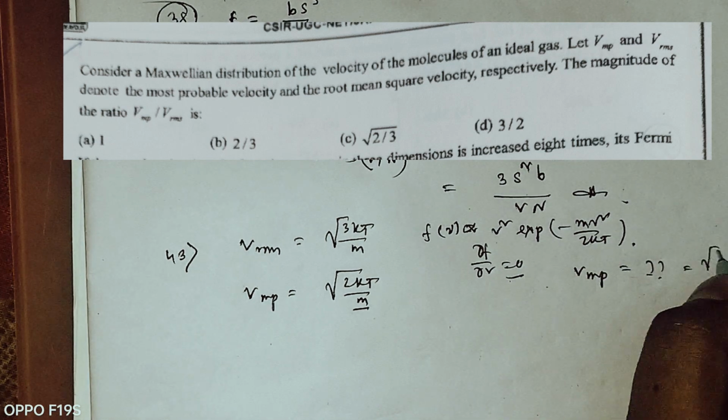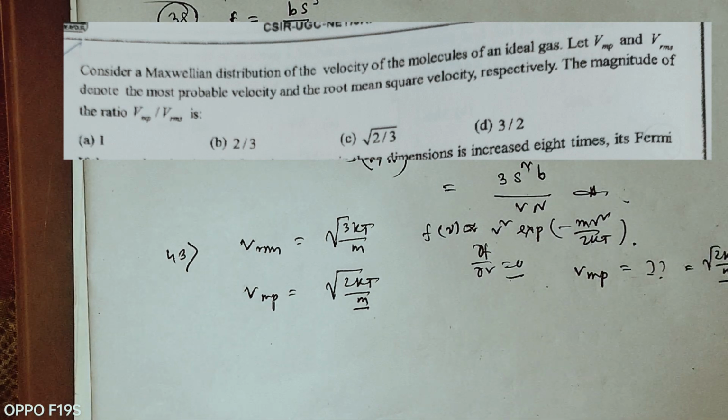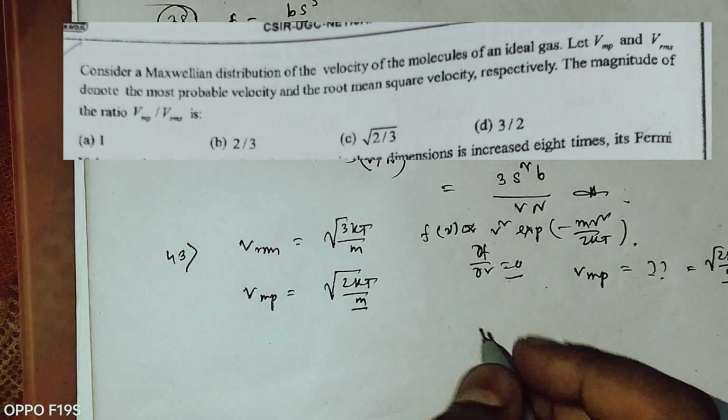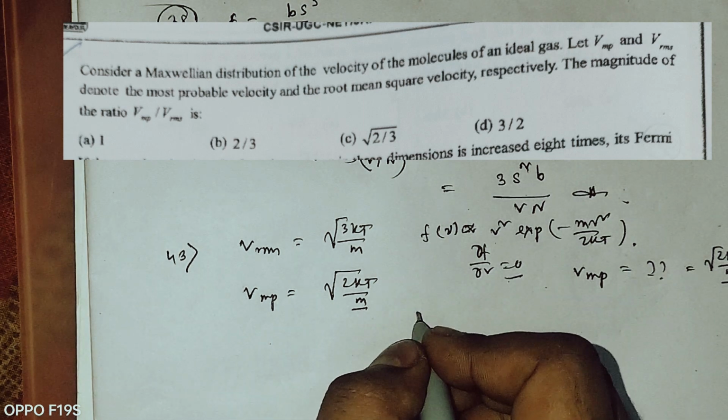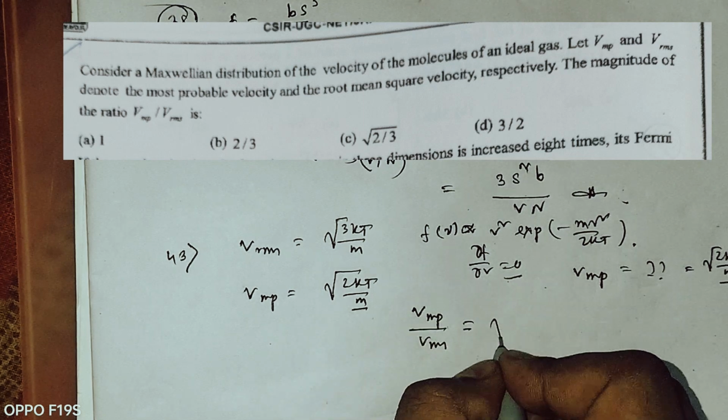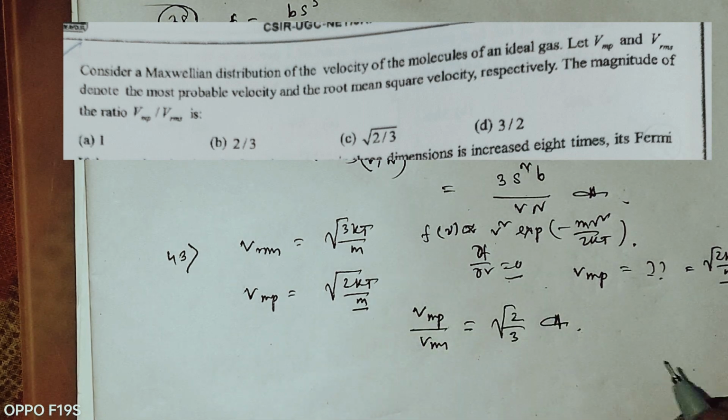This is equal to root 2 kT by m. You need to remember this. And root mean square velocity is root 3 kT by m. You can go through it in the book. Fine. So I simply need to calculate the ratio, so v mp by v rms equal to root 2 by 3. This is the answer.